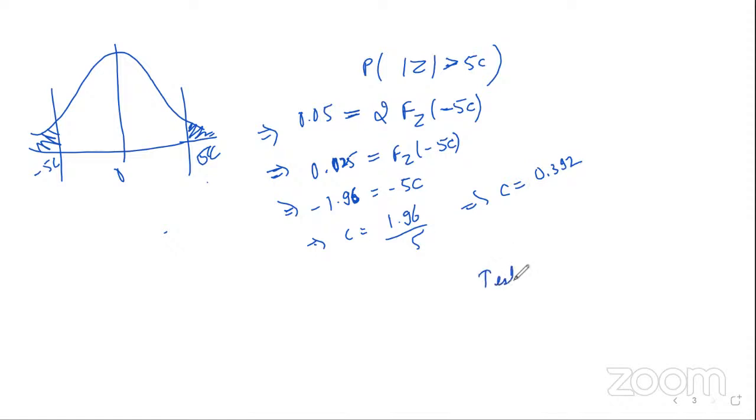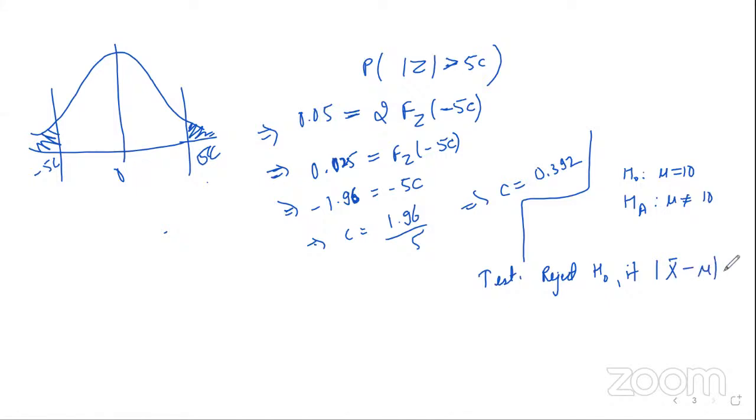And the test was: reject H0. H0 was mu equal to 10 and HA was mu not equal to 10. So reject H0 if mod of x bar minus mu comes out to be greater than C. Given that mu equals 10, your x bar minus mu is what?